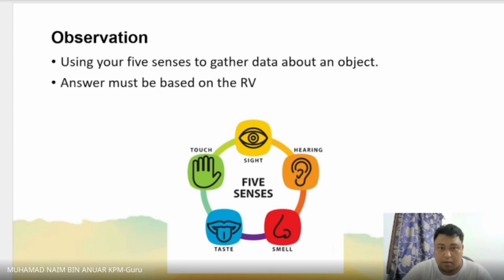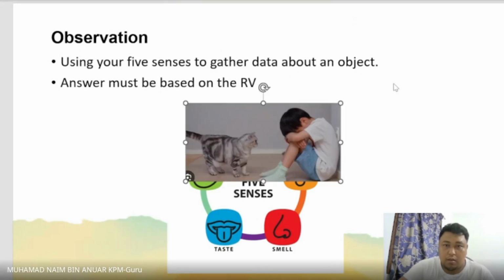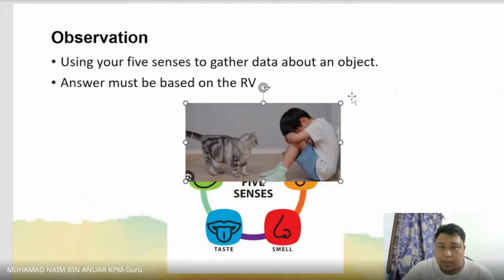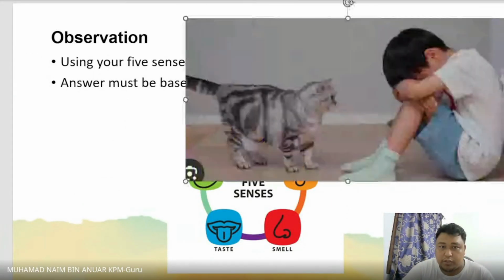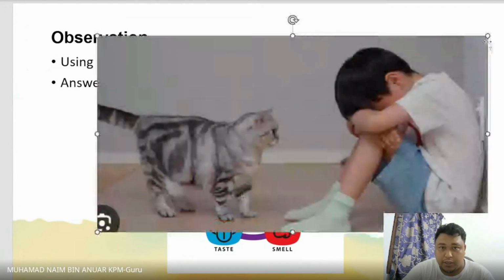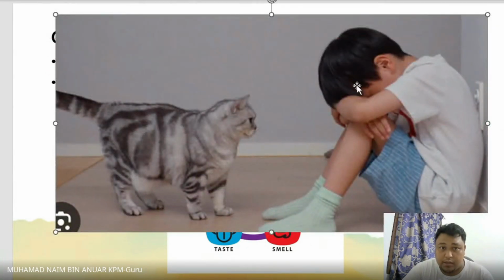This picture. I want you to tell me what you can observe from this picture. Remember, the word observe means using your five senses. Your five senses are sight, smell, taste, hearing, and touch.